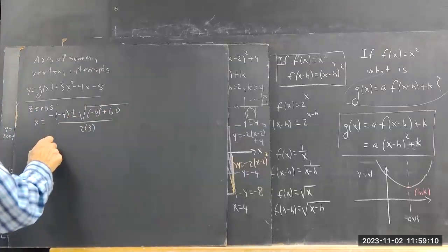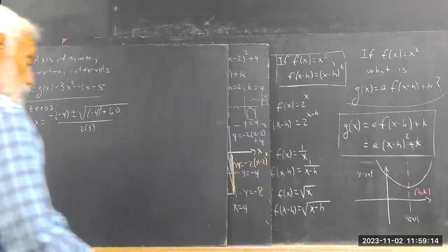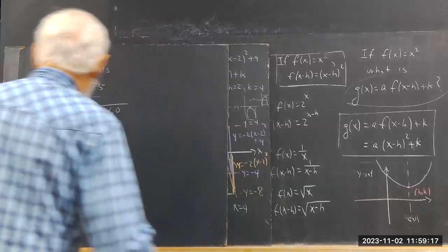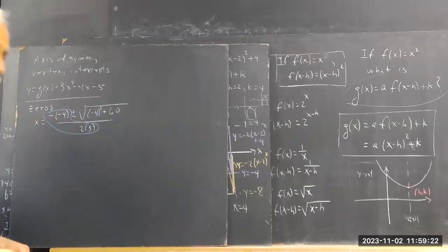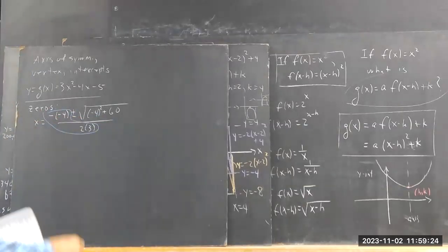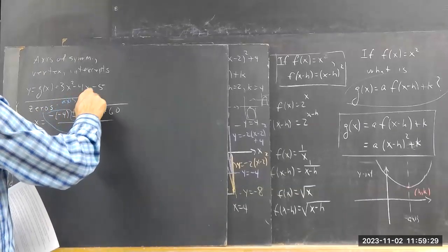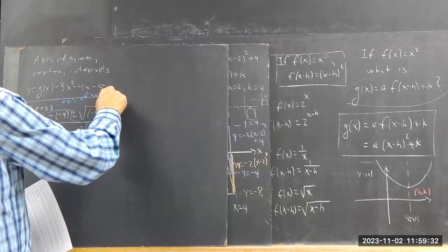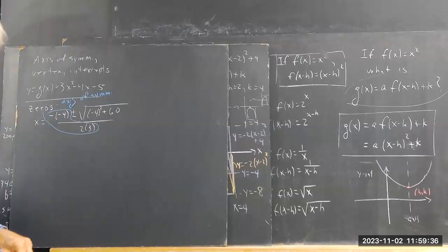You know how to plug into the quadratic formula. What you want to recognize immediately is that right here you have your axis of symmetry, and that is negative b over 2a. If you want to memorize negative b over 2a, fine. But in case you forget it, right there it is, smiling at you.